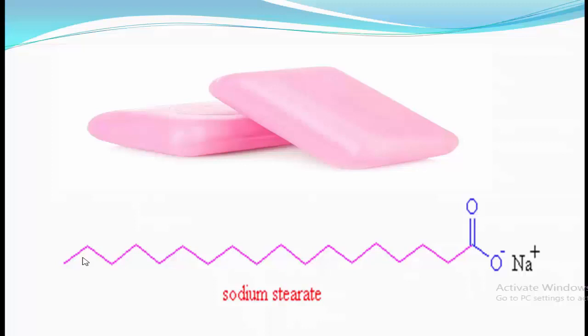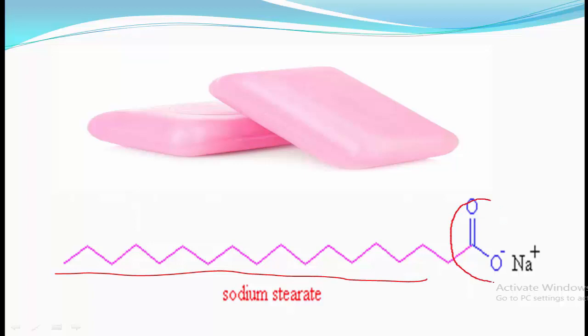Here, as you know, soap consists of the sodium stearate molecules. Here you can observe the long chain, okay, and at this end you will observe COO minus Na plus. So two parts are there in this sodium stearate ion. That is, one end is the tail and another one is the head part.